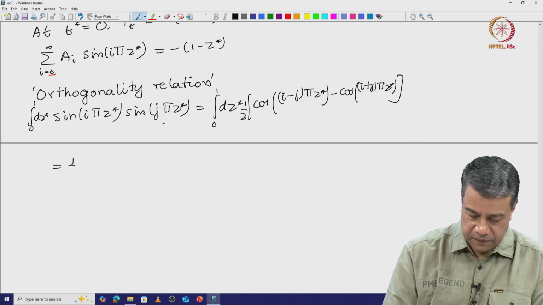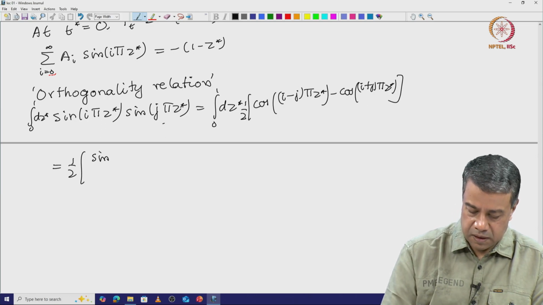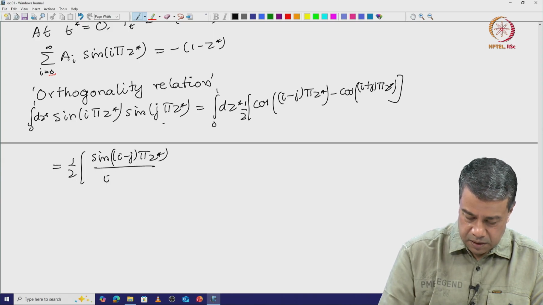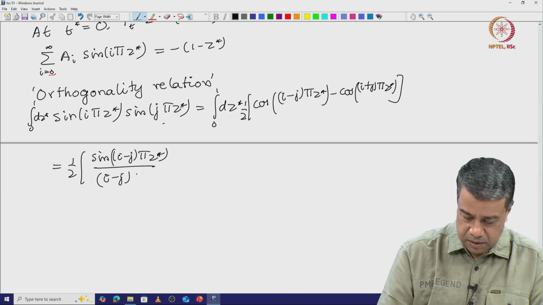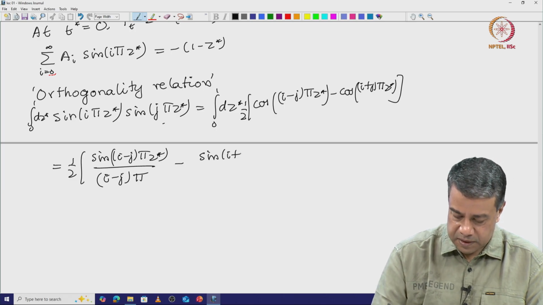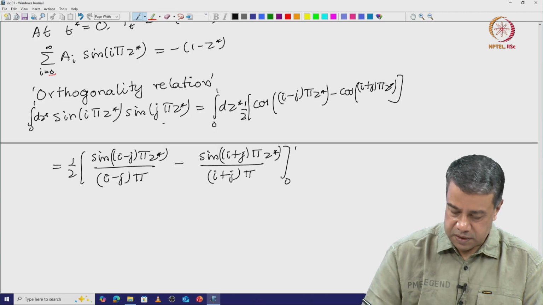So, I get half, sin of (i minus j) pi z star by (i minus j) pi, minus sin of (i plus j) pi z star by (i plus j) pi, all integrated from 0 to 1.